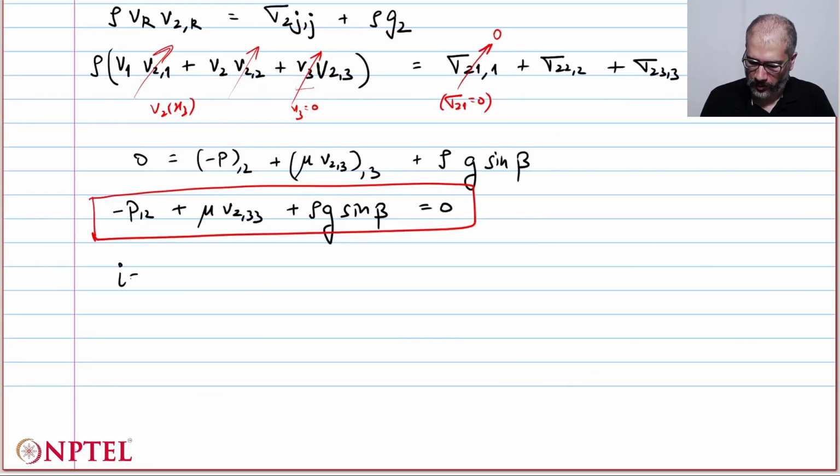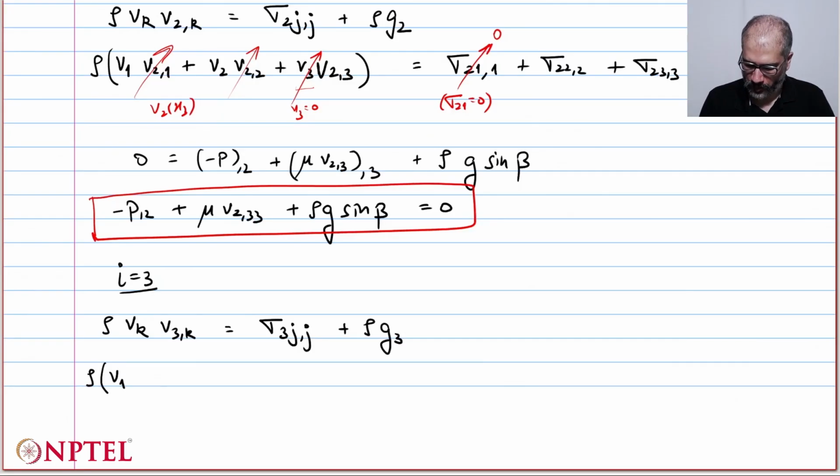Finally, we use the i equal to 3 case, which is rho times Vk times V3 comma k equals sigma 3j comma j plus rho G3. So let's expand the left hand side. We have rho times V1 times V3 comma 1 plus V2 times V3 comma 2 plus V3 times V3 comma 3.